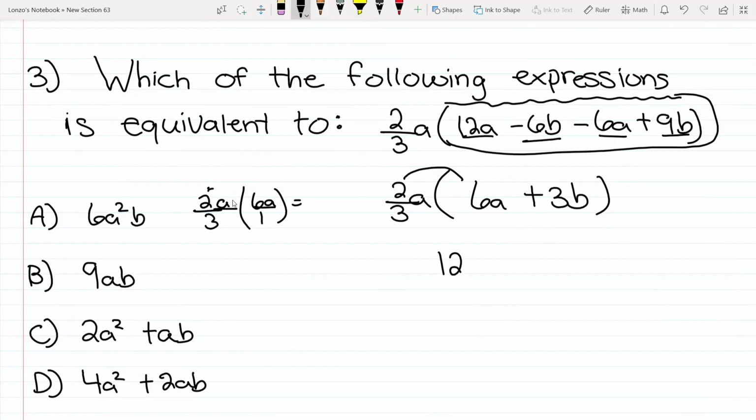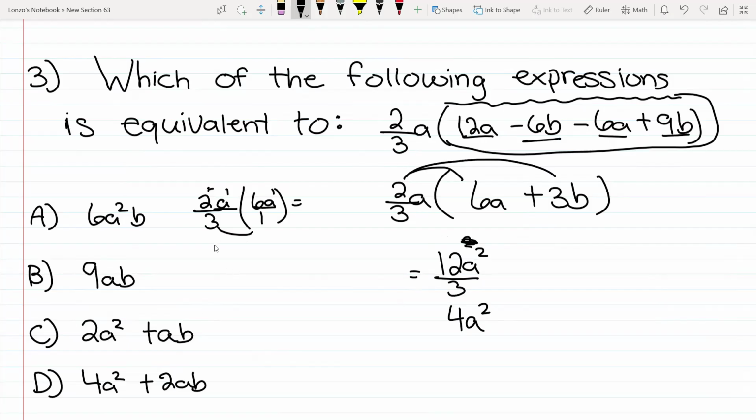And what's A times A? Because they're multiplying with the same base, you add the powers. So this is like 1 and 1, and 1 plus 1 is 2. And then on the bottom, 3 times 1 is 3. It should be 12A squared, right? And then you can simplify this. What's 12 divided by 3? It is 4A squared.